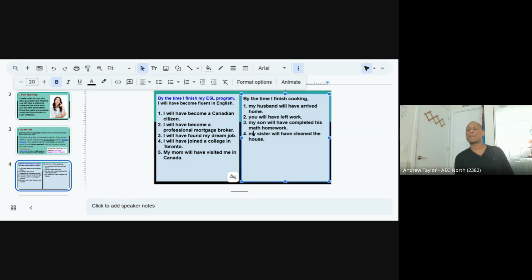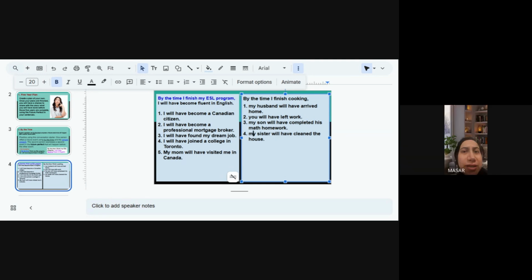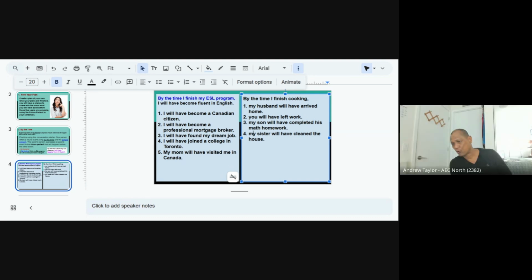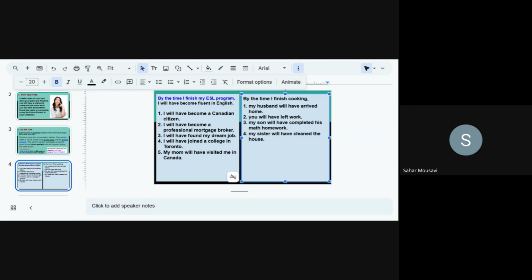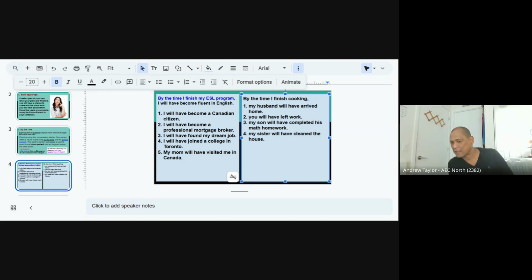Masar, next question. Which will finish first, the cleaning or the cooking? At the same time, I think, because by the time. No, the cooking. Cleaning. Who said cleaning? Sahar, you are correct.